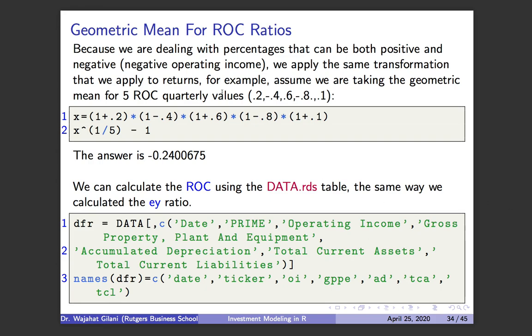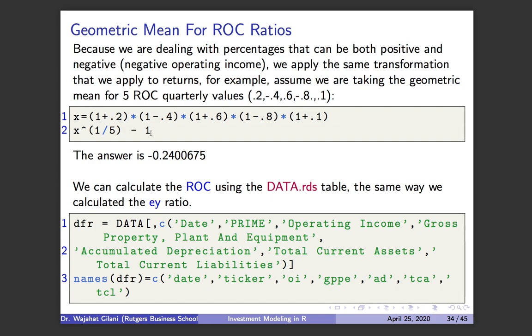For instance, let's say we have these quarterly values right here, these 5 ROC values. 2 of them are negative. How are we going to deal with this? We're going to add 1 to each ratio, multiply them, raise it to the power of 1/5, and then subtract 1. Does that look familiar to you? Yes. That is exactly how we take annual returns or quarterly returns and normalize them into an average compound return.